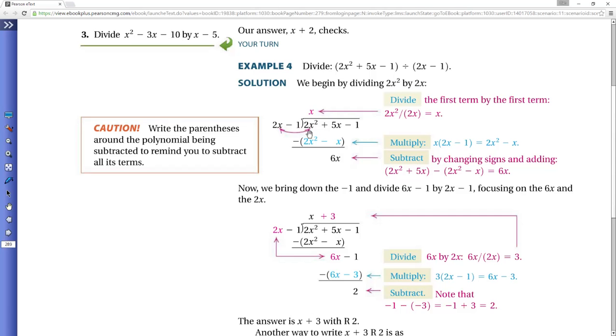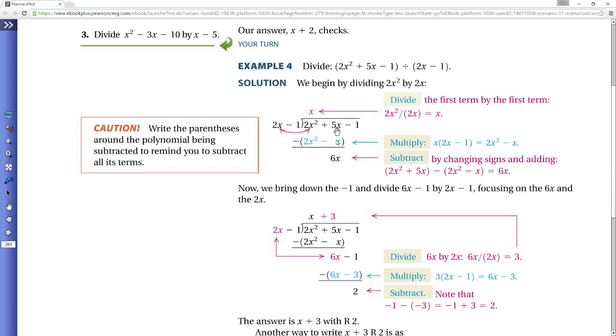Well, it'd be x, because x times 2x is 2x squared. I multiply back, distribute over the divisor, and I get 2x squared minus x, and I'm going to subtract that. The key to know that I did this correctly is that the first term of my original will drop out. It'll go to 0.